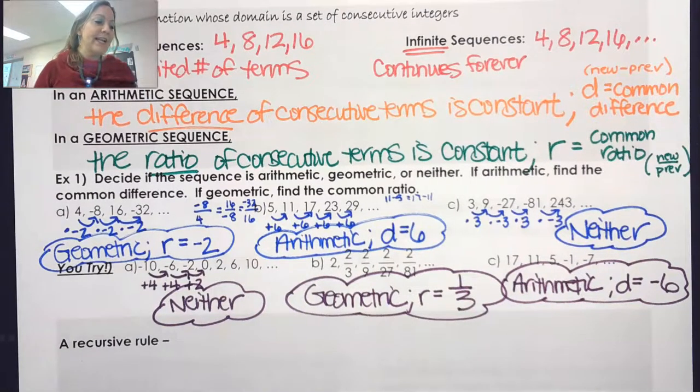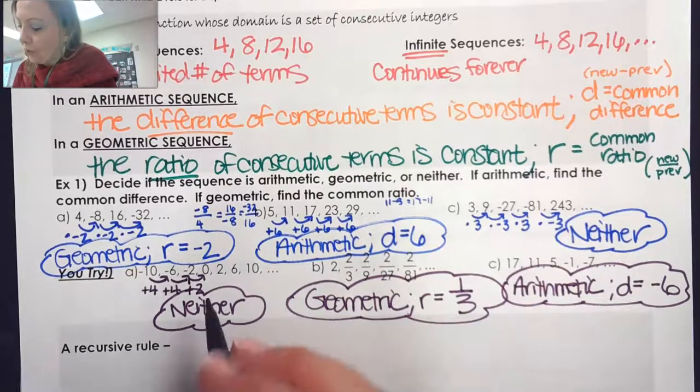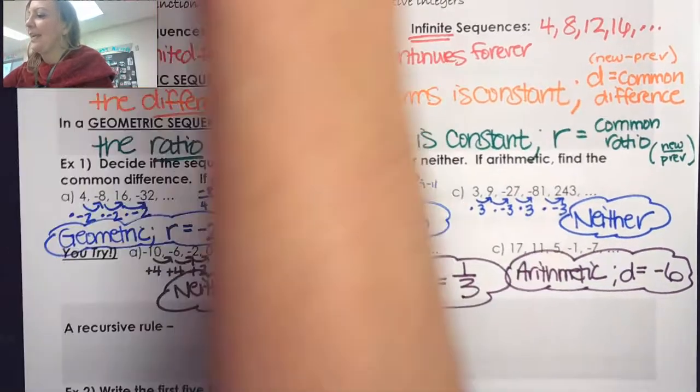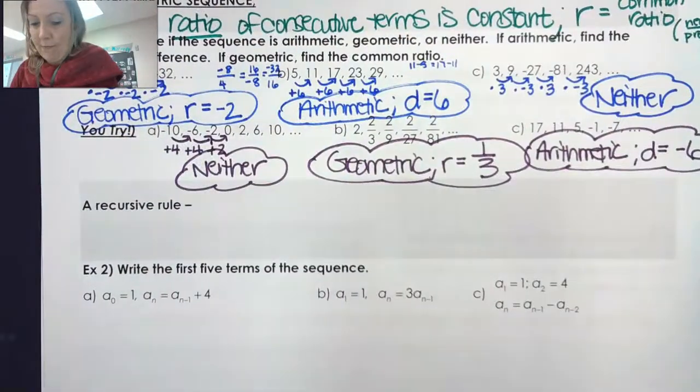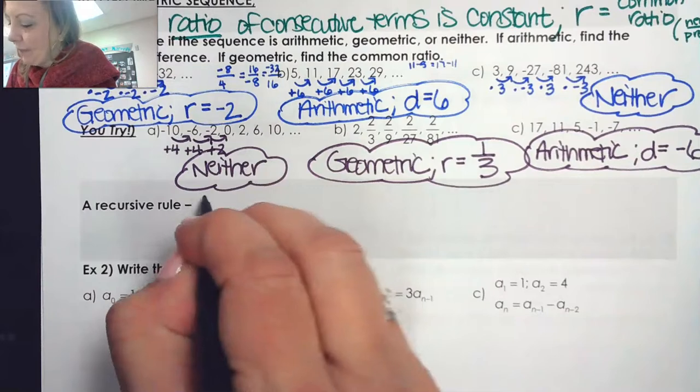Okay, so the thing is that sometimes there are rules that are defined what's called recursively. And if we have a recursive rule, it's kind of like the number 3 from our warm-up, but it doesn't have to be.